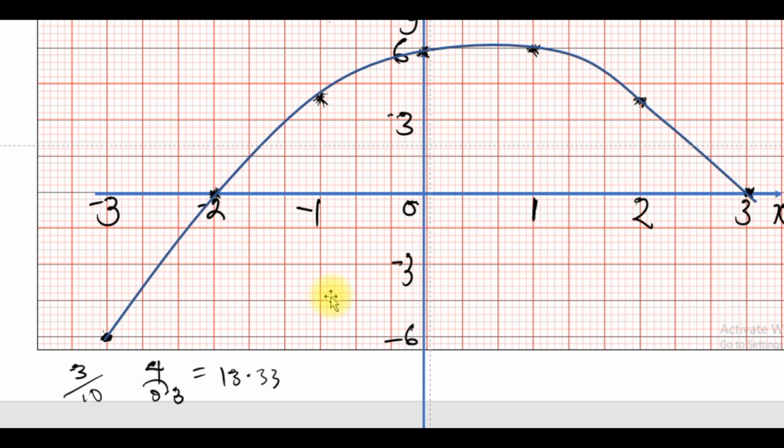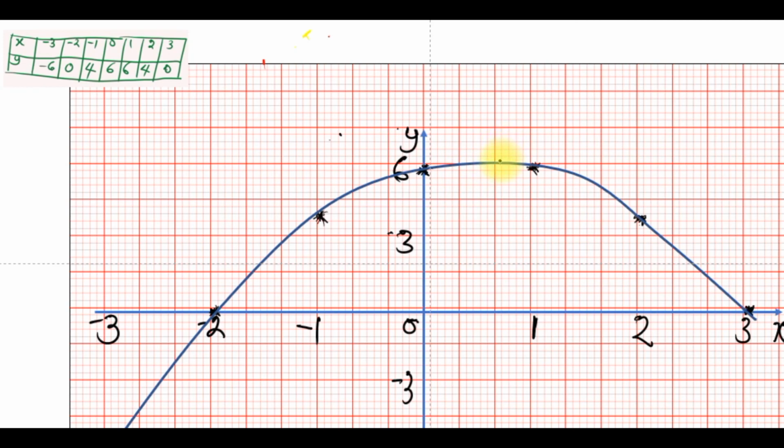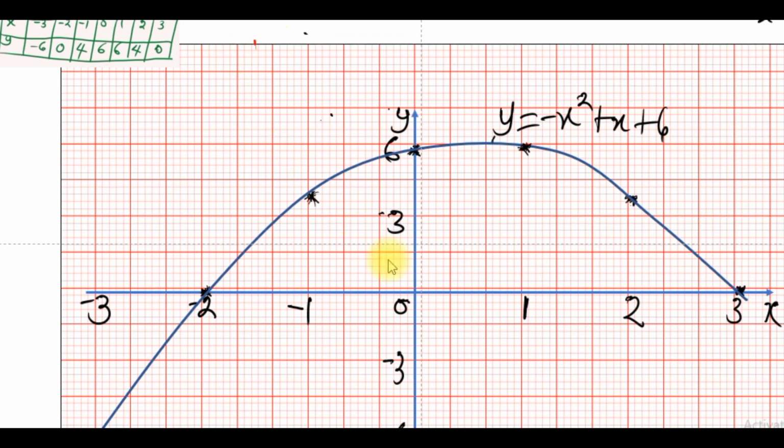So we need to write the name. That's the function. So the next is to name the graph. The function, this is y equals minus x squared plus x plus 6. Okay, from this, remember I told you the solution of any quadratic equation by the graphical method is the point of intersection of the x-axis and the curve.